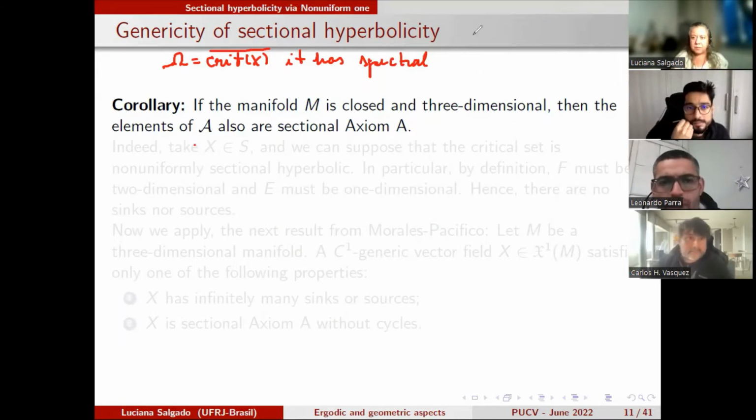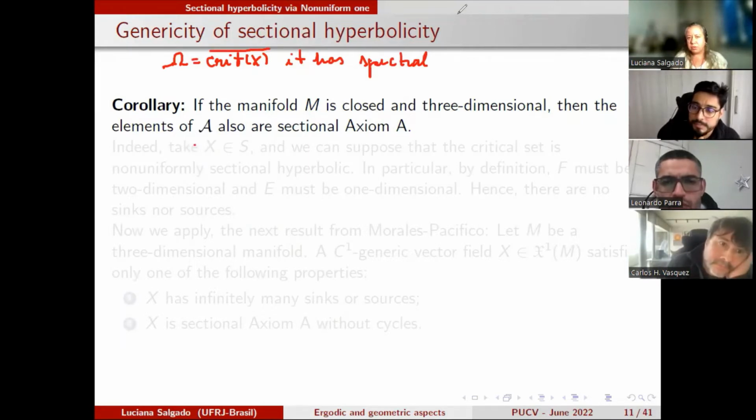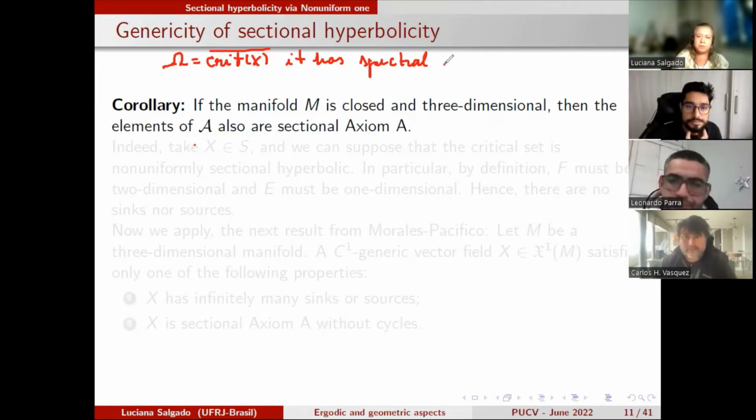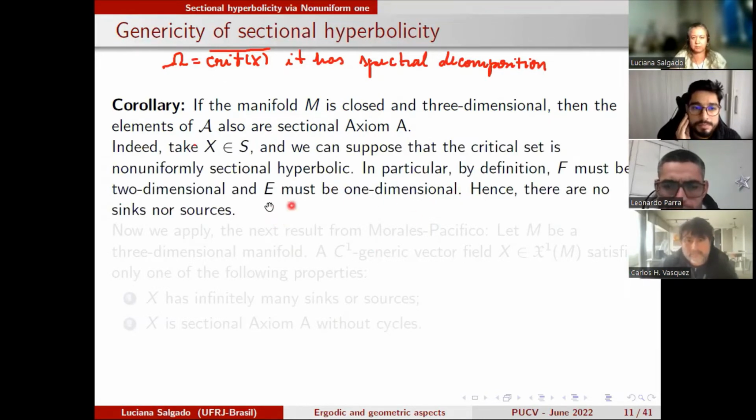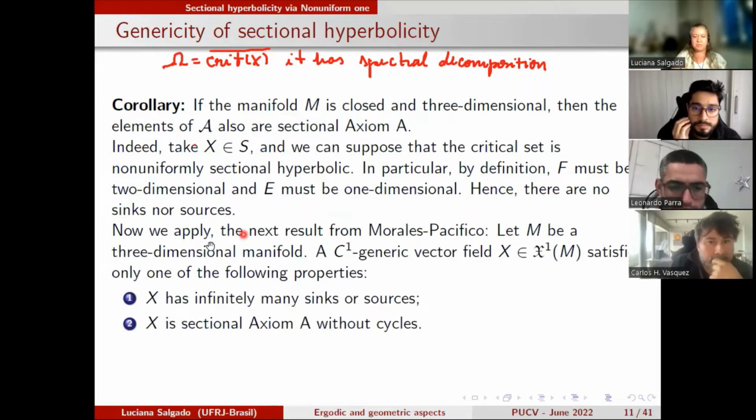Okay, it is a disjoint union of hyperbolic or sectional hyperbolic sets. So this is indeed easy to see because of the work of Morales-Pacifico, and because we have no sinks and sources in there, because we are in the three-dimensional case, so F must be two-dimensional and E must be one-dimensional. So we use the Morales-Pacifico result, the dichotomy of Morales-Pacifico, and we get the sectional Axiom A without cycles.